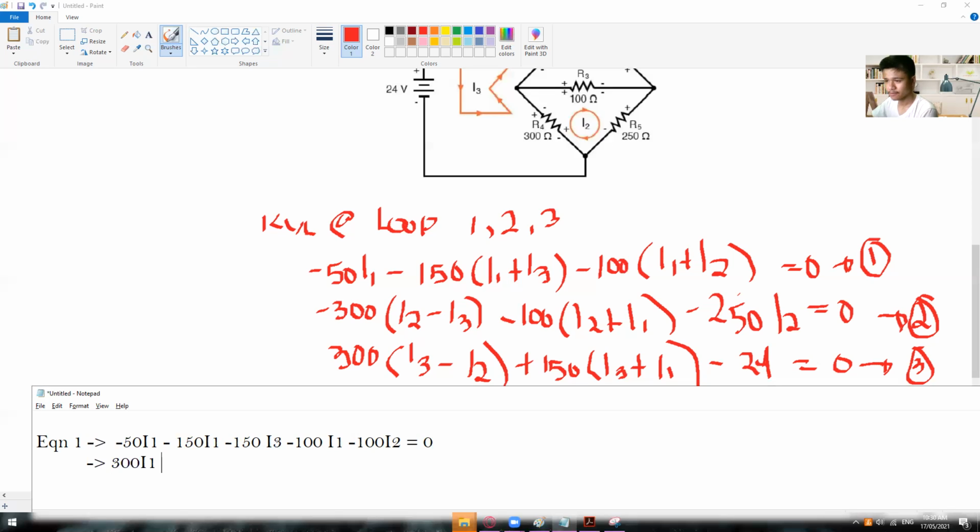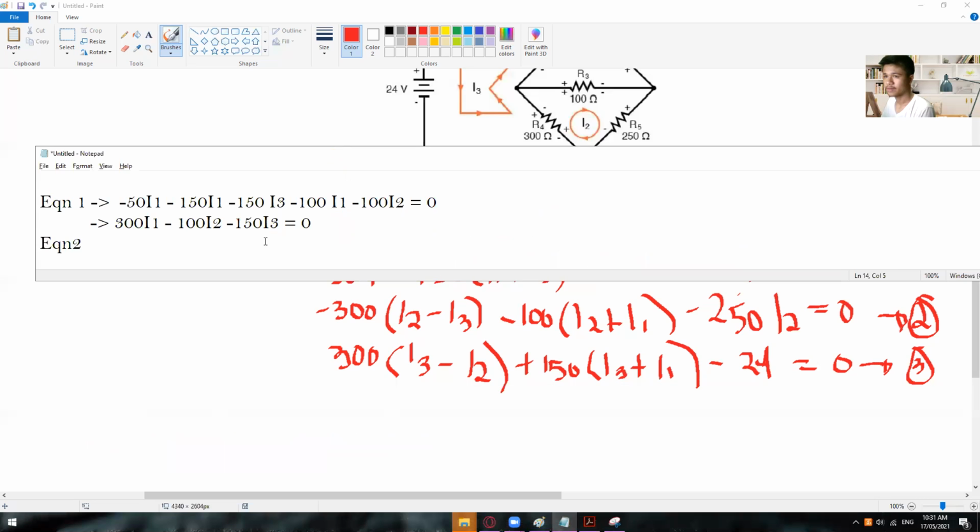Let me know if I made a mistake. Then negative 100 I sub 2, and negative 150 I sub 3 is equal to 0. So this is now our final simplified equation for equation number 1.